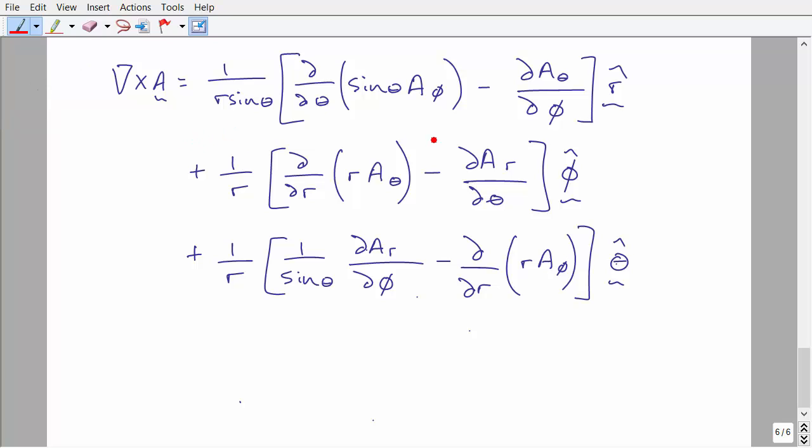Alright, so this is curl in spherical coordinates. I hope I've got all those components correct. I think I have. And it's a fairly ugly looking expression, but most of the terms in here are zero.